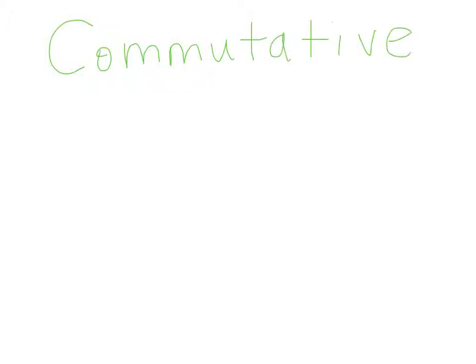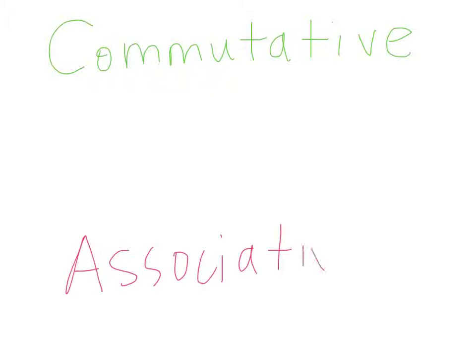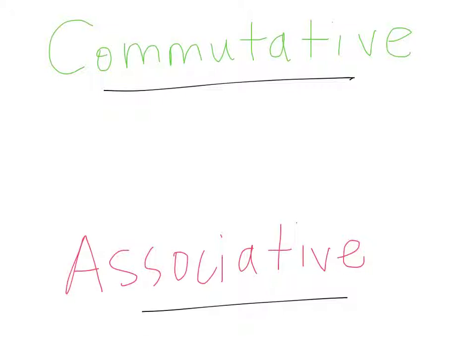So, one last review. We went over the commutative, and we got to learn how to spell it, commutative property and the associative property of addition, okay? We used both of these properties to help make our addition easier, okay?